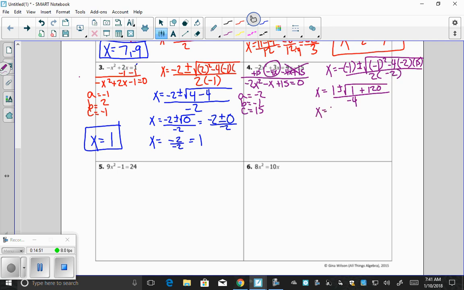So x equals 1 plus or minus the square root of 121 over 4. All I did was simplify 1 plus 120. The square root of 121 is 11. So I'm going to get x equals 1 plus or minus 11 over 4.